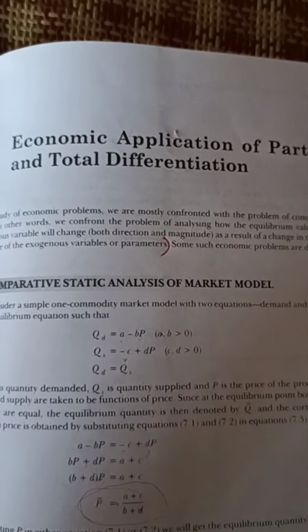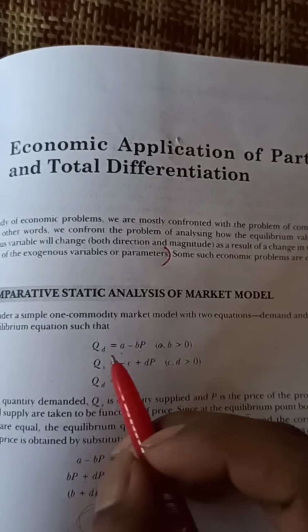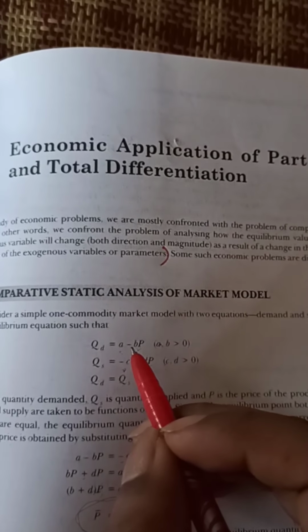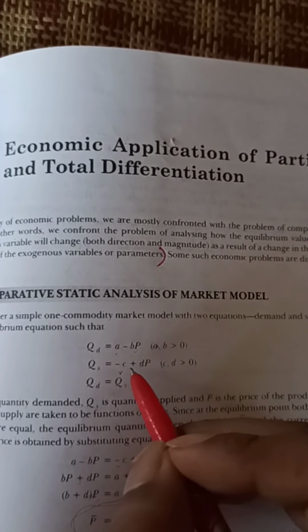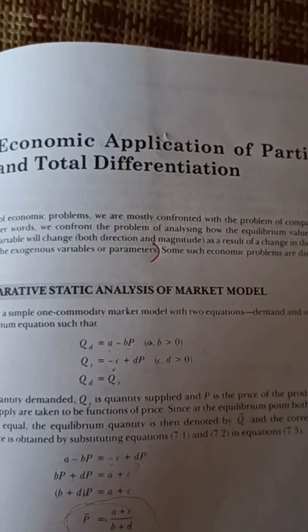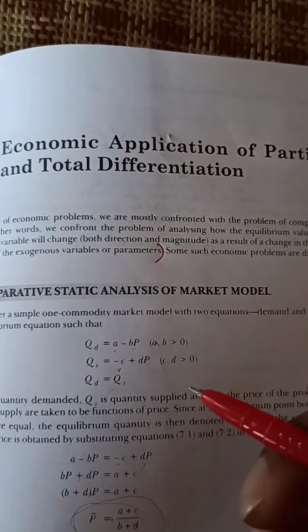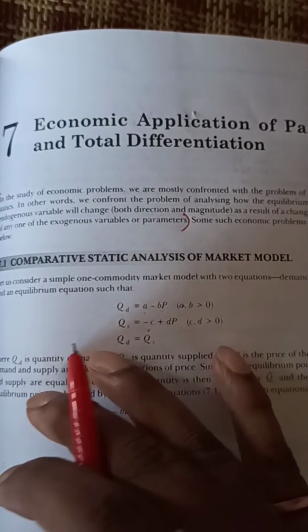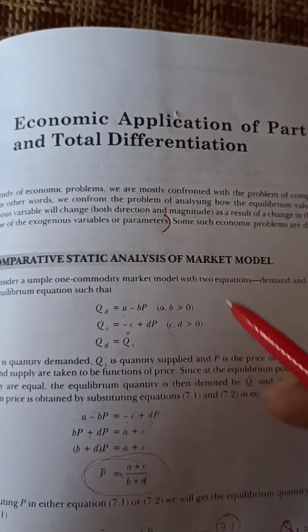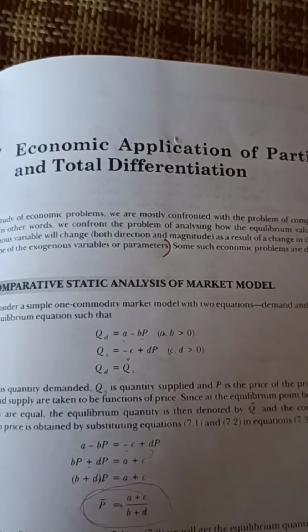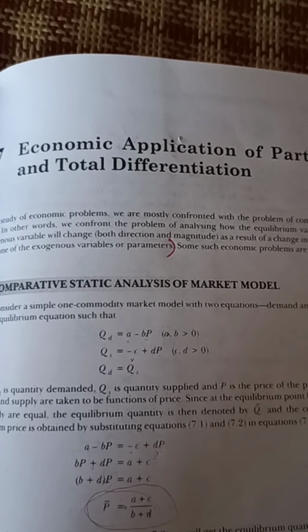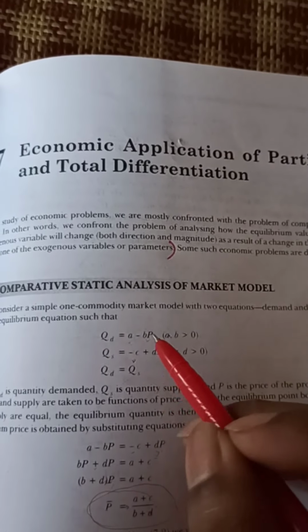These variables are given. A and B are the intercept and slope coefficient of the demand function. C and D are the intercept and the slope coefficient of the supply function. And we will try to find out how in this model the equilibrium level of price and equilibrium level of quantity react to change in these exogenous variables.